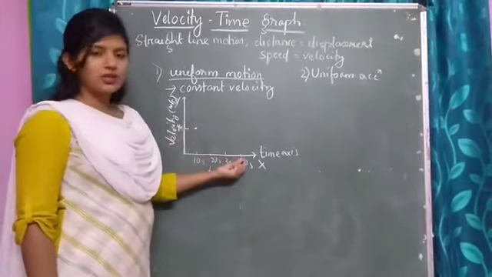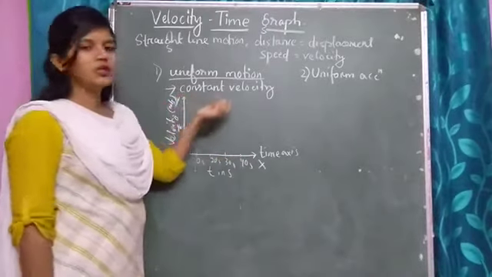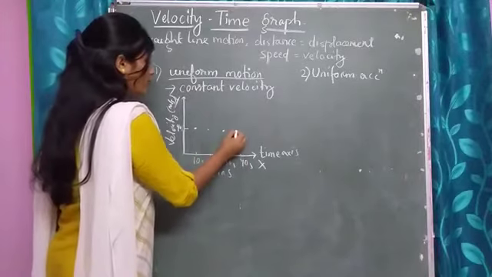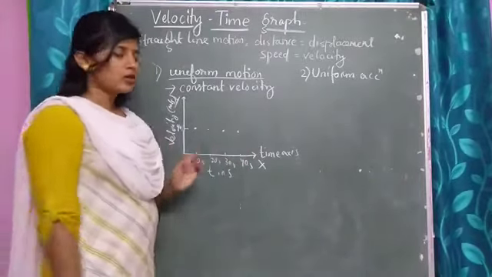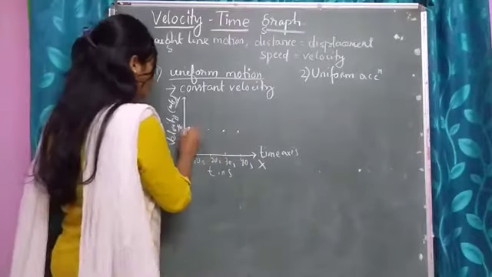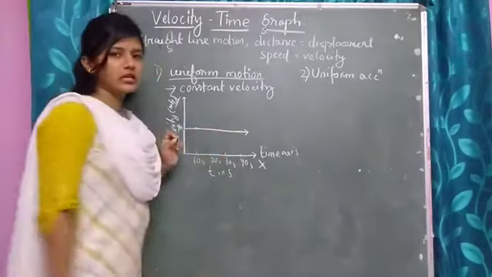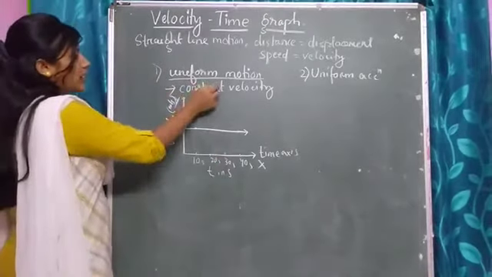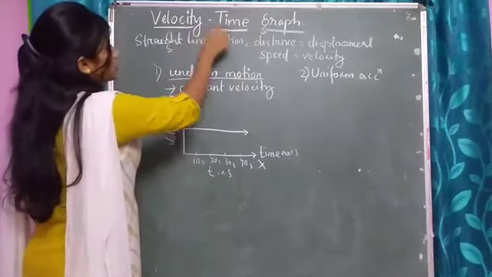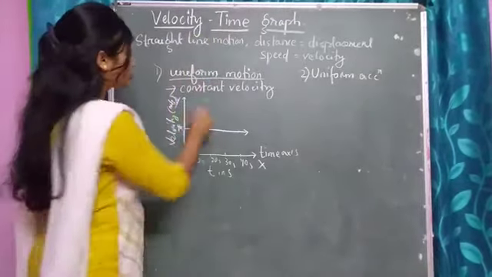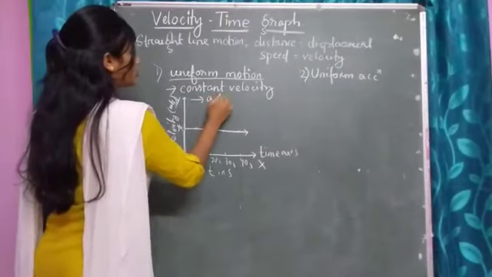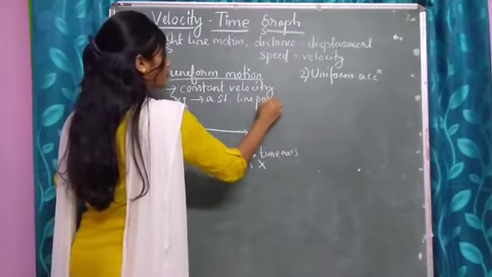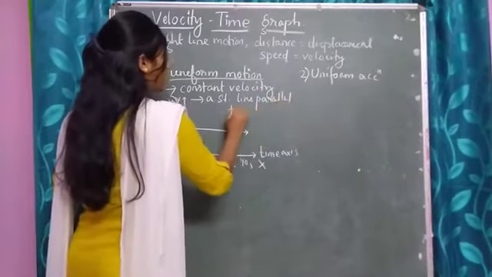Then with the passage of time, since there is no change in velocity, for each time the velocity will remain 40 meter per second. So the nature will be a straight line which is parallel to the time axis. So what I will write for the nature of velocity time graph for uniform motion? It is a straight line parallel to the time axis.